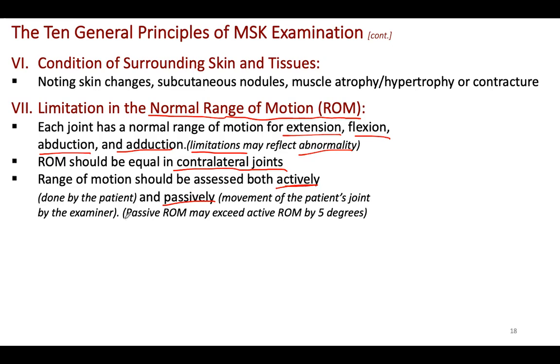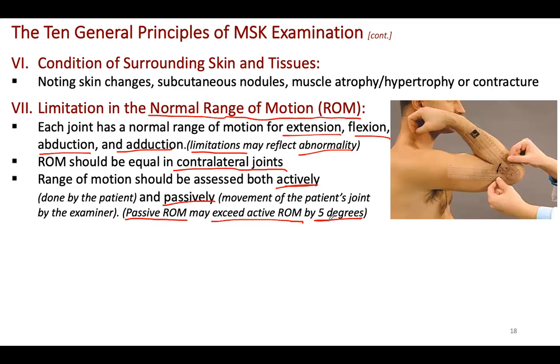Usually, the passive range of motion exceeds the active range of motion by 5 degrees or so, minimal degrees, but usually in general, the examiner can move the involved joint a little bit more than the patient can actively do so. And as I said, we measure the angle in degrees.